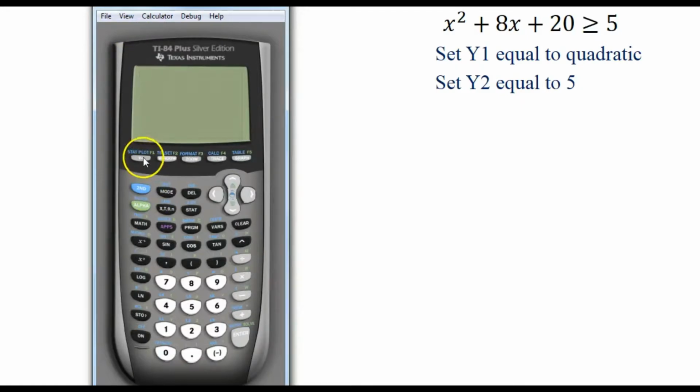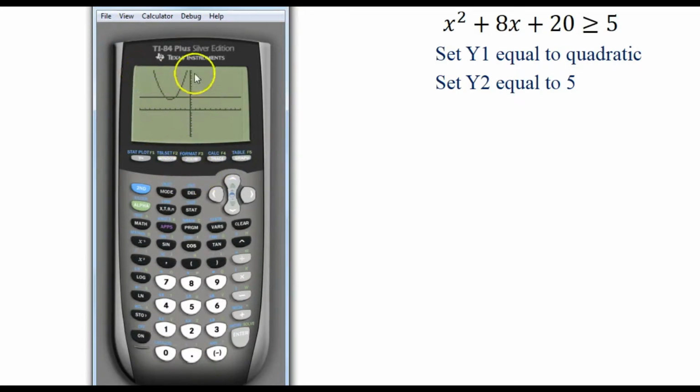So I'm going to go to y equals on my calculator. My y1, I want that to be equal to the quadratic, so I'll have x squared plus 8x plus 20. And then for my y2, I'm going to hit the down button. My y2 is going to be equal to 5. And now we can graph that to see what it looks like.